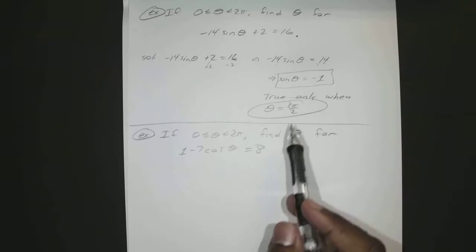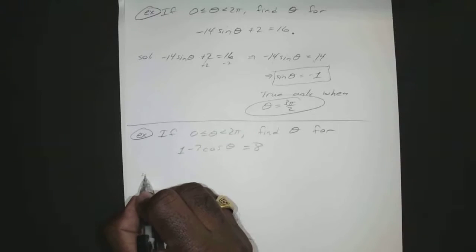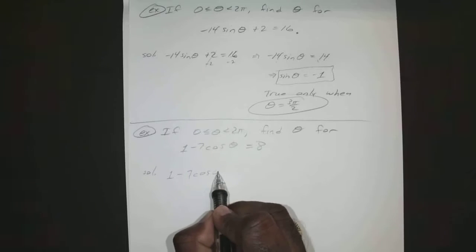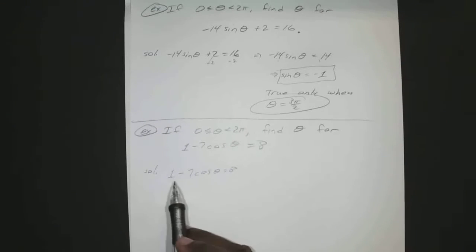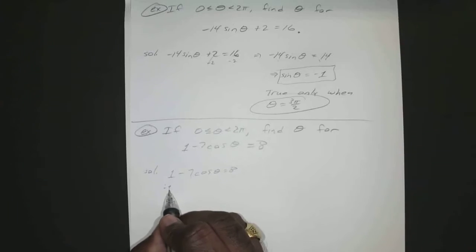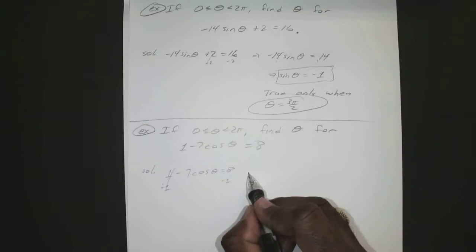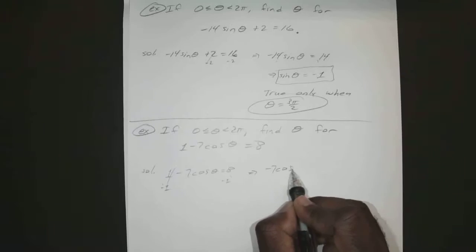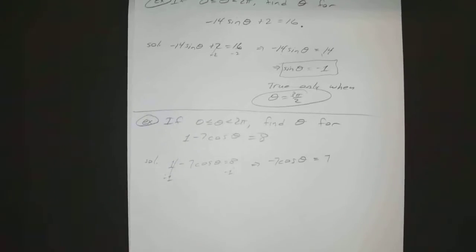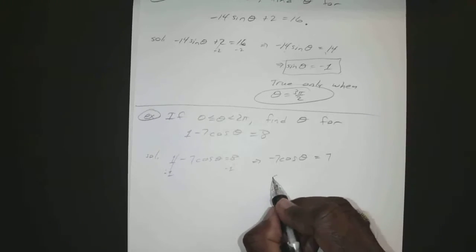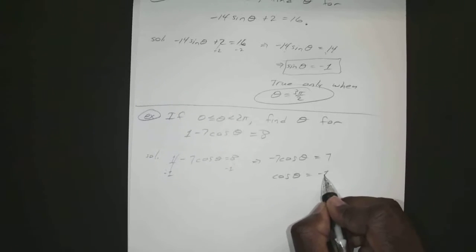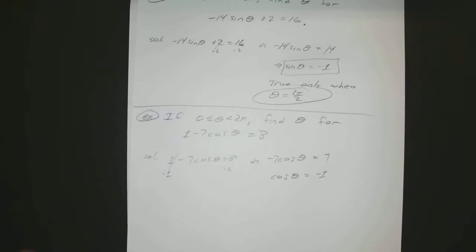Okay, so just like before, we solve for our cosine. 1 minus 7 cosine of theta equals 8. Subtract 1 from both sides. You have negative 7 cosine of theta equals 7. Divide by negative 7. Cosine of theta equals negative 1. So just like with this one, it's only true for one value, and that's when theta is equal to pi.